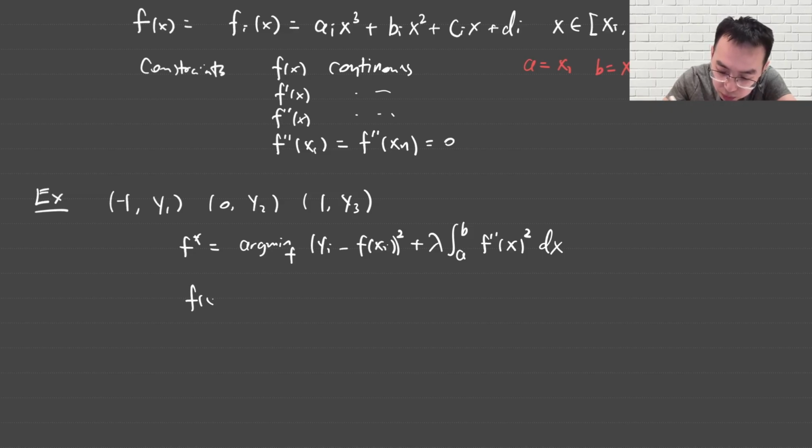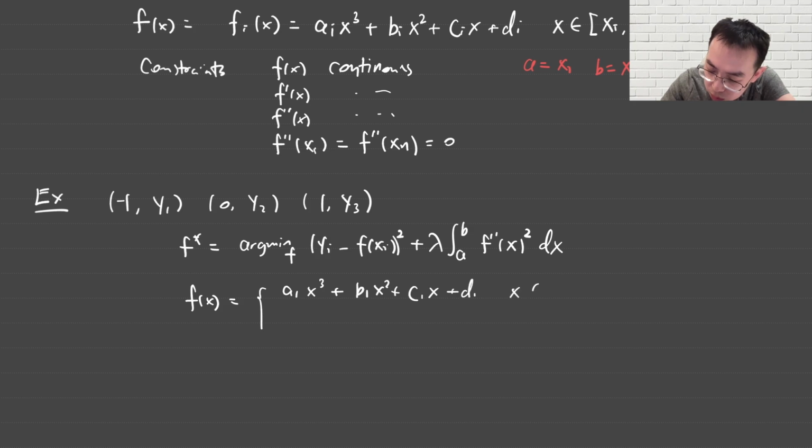So that means f of x equals a1x cubed plus b1x squared plus c1x plus d1, for x in between x1 and x2.